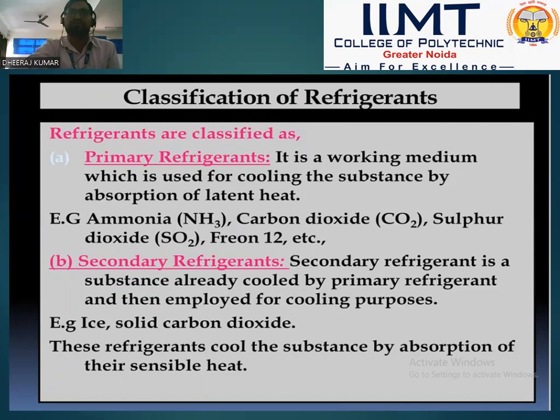This cooled refrigerant is used to produce the refrigeration effect inside the cabin, such as ice, solid carbon dioxide, etc. These refrigerants cool the substance by absorbing their sensible heat.